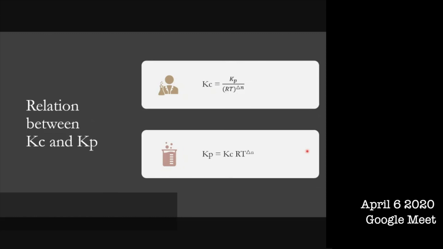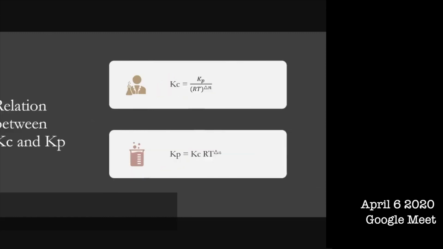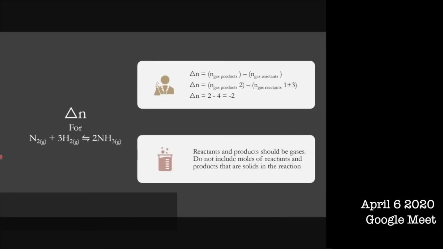And there is something called delta n. I'm going to show you how you can calculate delta n for the reaction. So delta n, you will see here, for this reaction can be calculated by taking the number of moles of the gas products minus the number of moles of the gas reactants. We only look at the gas reactants and products.